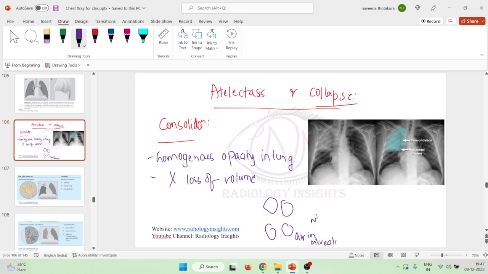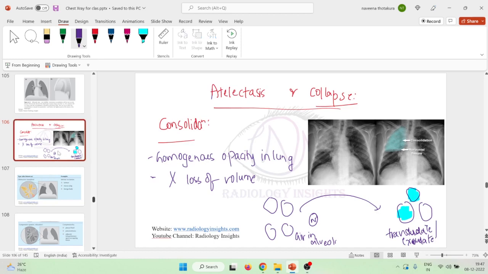This is normal. But in any disease process, if the alveoli are filled with either fluid or debris, here the alveoli are filled with transudate or exudate, then we call it consolidation.